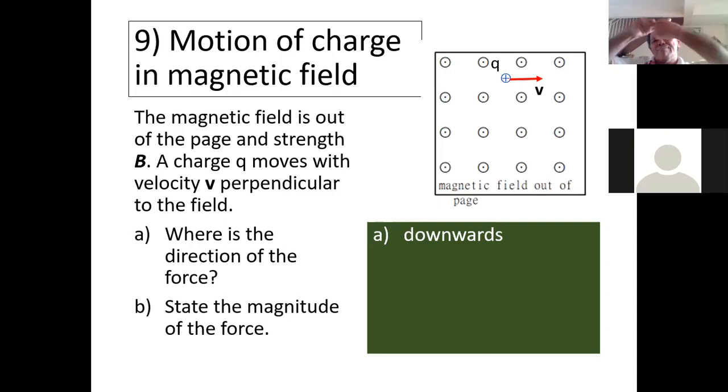There's your field coming out. There's your current, a moving charge there. There's your thumb going down. Use your left hand rule, not right hand rule. This one is coming out. First finger is coming out. Can or not?